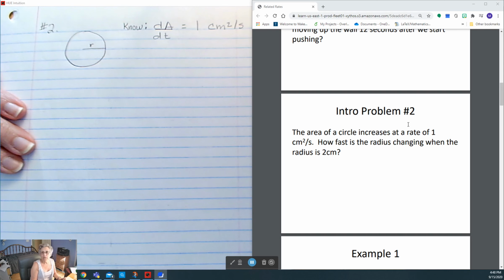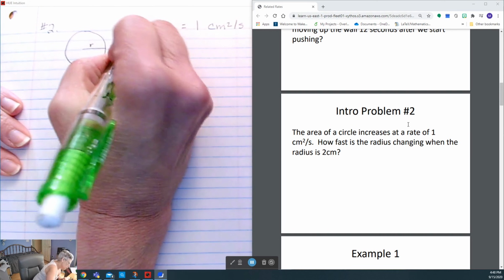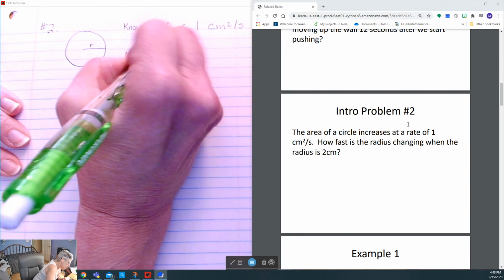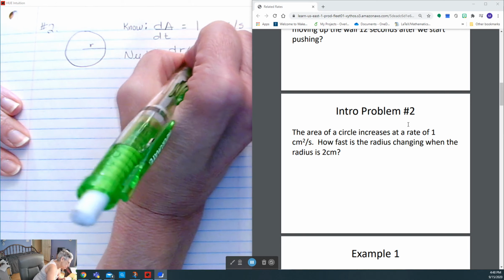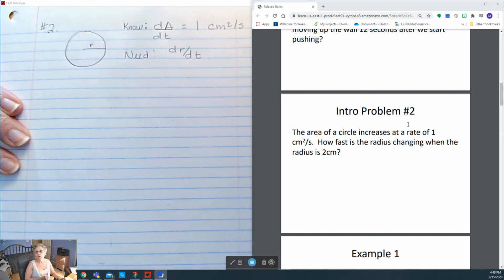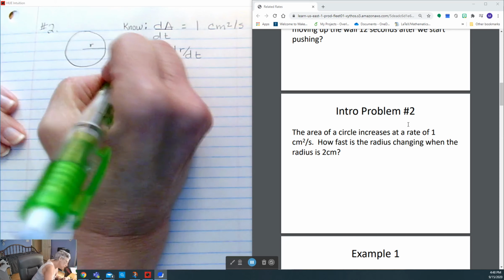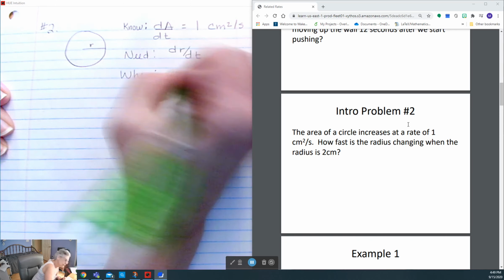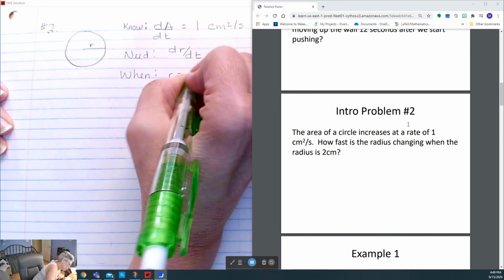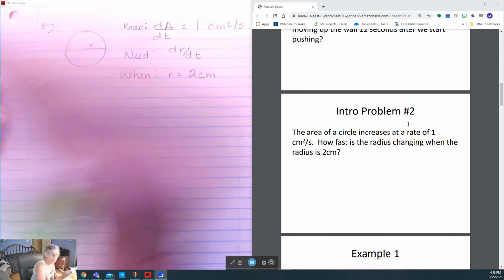I want to know how fast the radius is changing. So my need to know is dr/dt. And I want to know how the radius is changing when the radius is 2 centimeters.